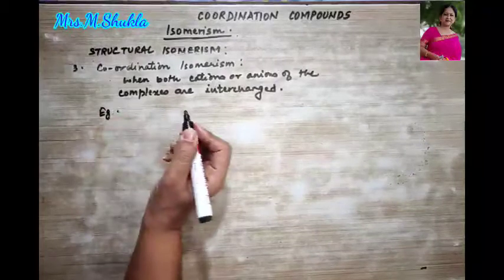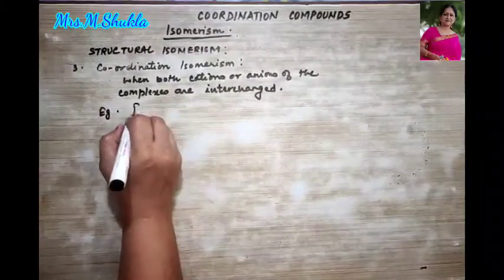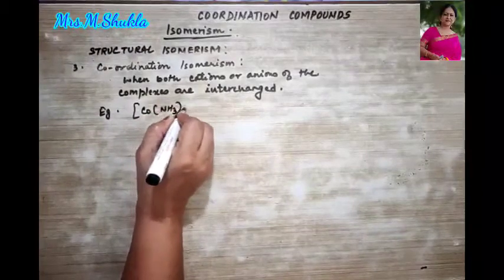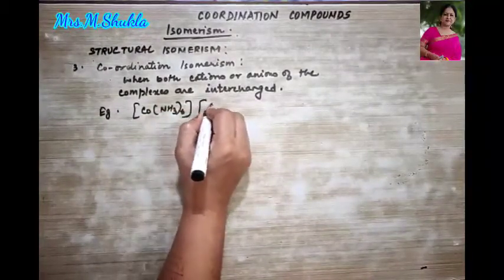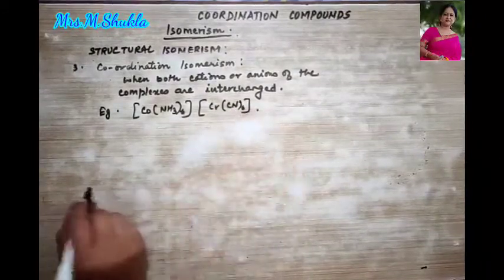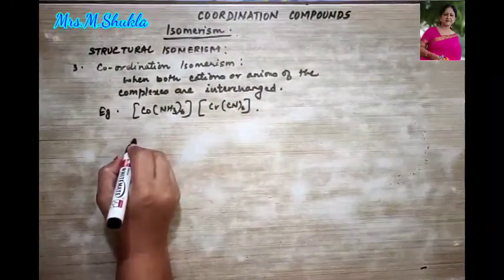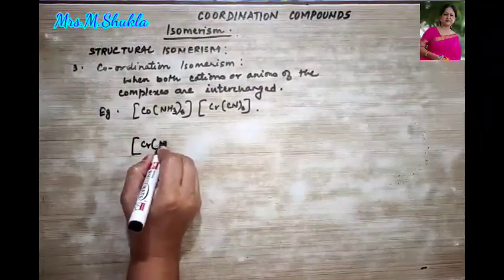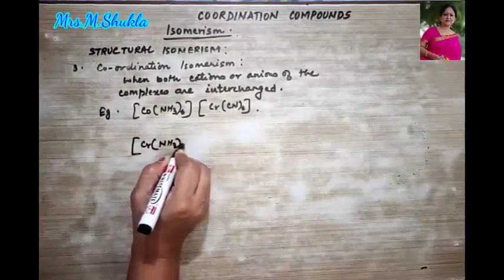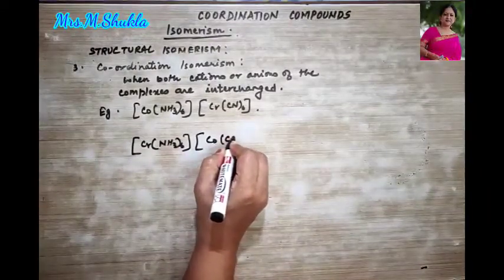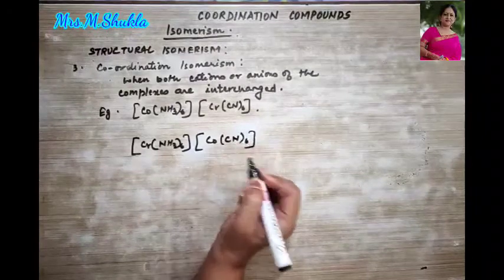Let's take an example. For example, Co(NH3)6 and Cr(CN)6. Okay, this is one compound, and another one is Cr(NH3)6 and Co(CN)6.